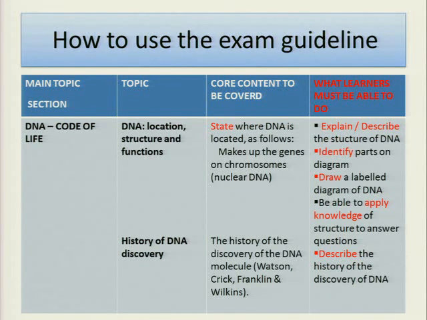Make up the genes on chromosomes. And then what learners must know in terms of the DNA code of life. Be able to explain or describe. Be able to identify. Be able to draw. Be able to apply knowledge.